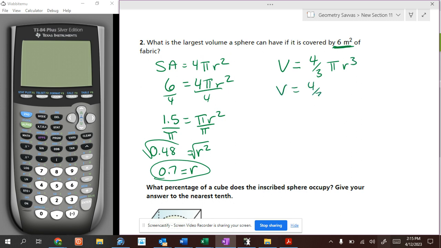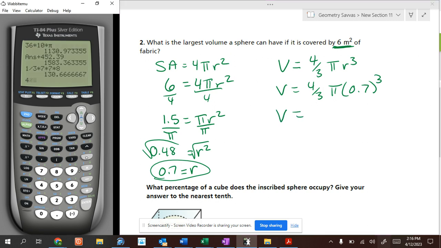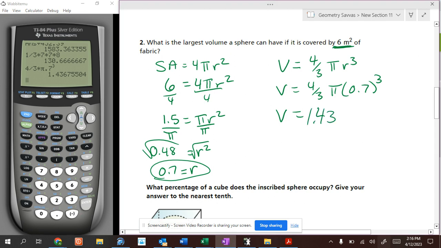So 4/3 pi times 0.7 cubed. Is it like 1.43? Good enough.